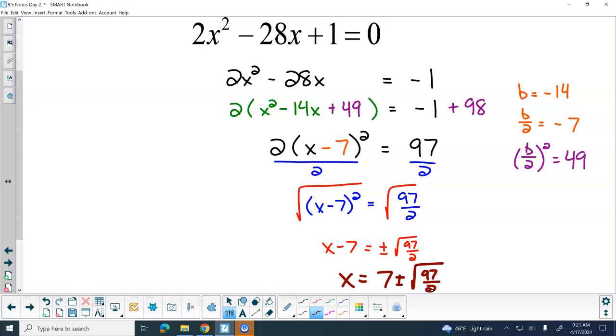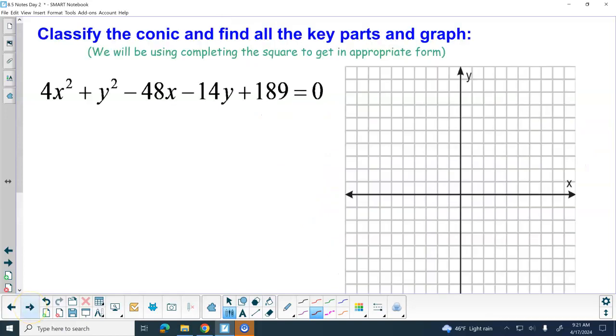Okay. Let's put it to work now in a conic. A classic problem that we're going to give you is something like this. Here is a conic section. We need to get it into our standard form, which you have written on your supplemental sheets.